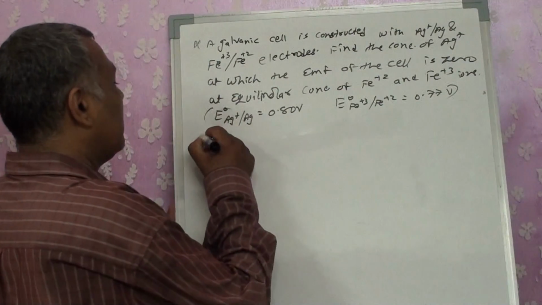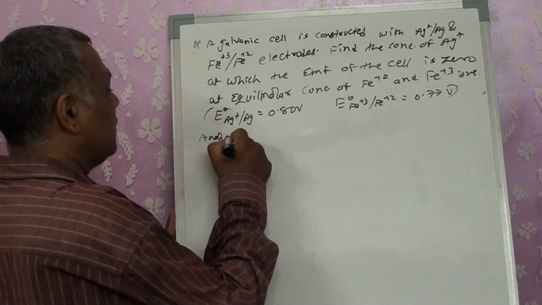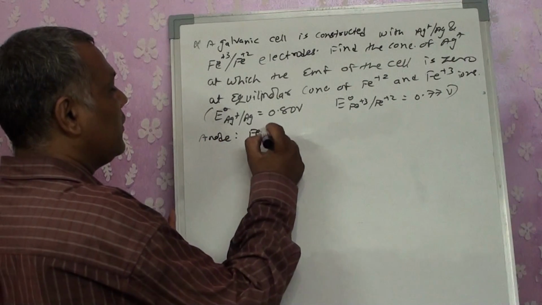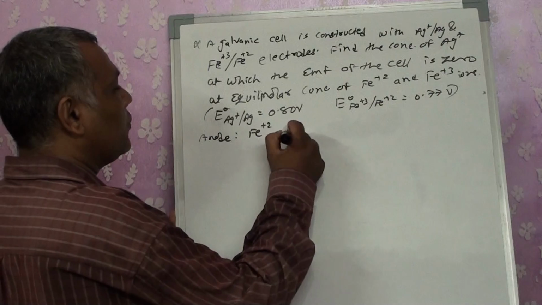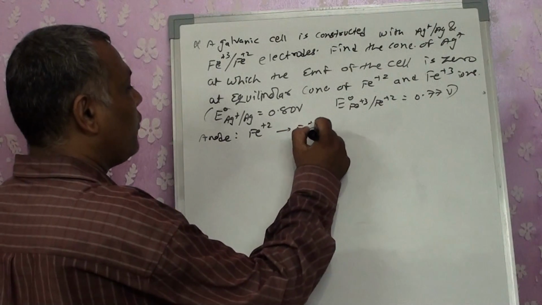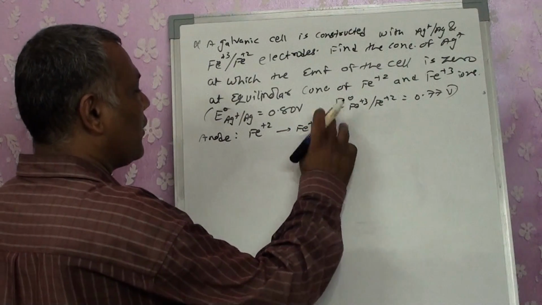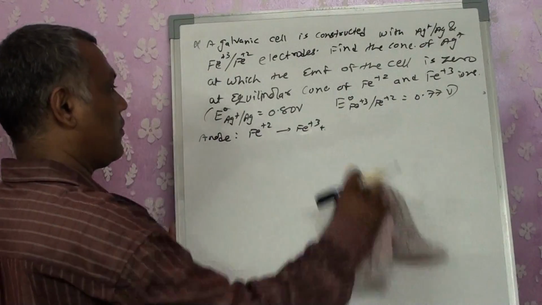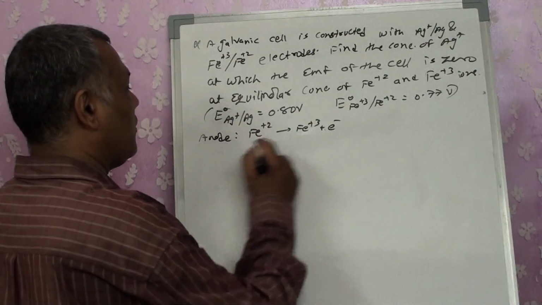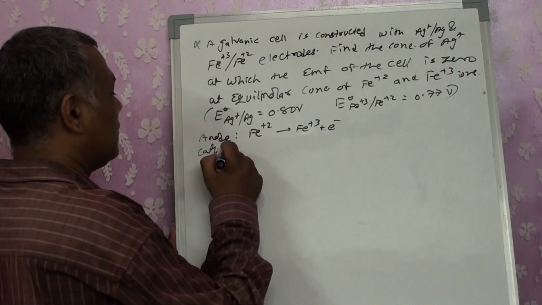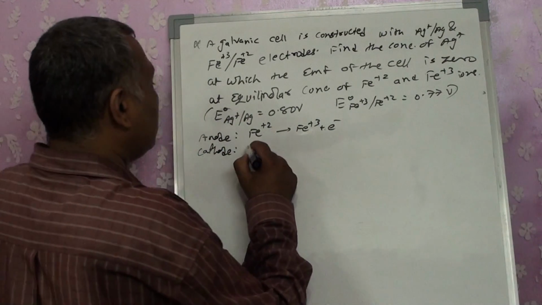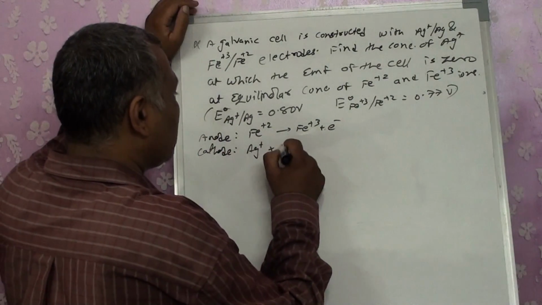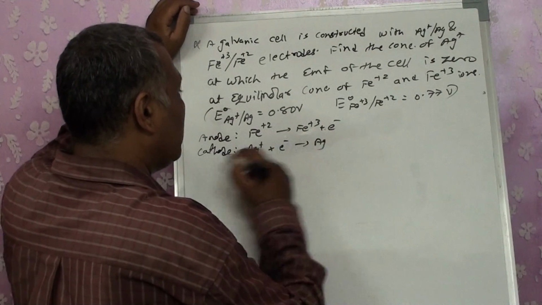So can I write it? Anodic reaction: Fe plus 2 gets converted into Fe plus 3 plus electron. And on cathode, Ag plus electron gets converted into Ag.